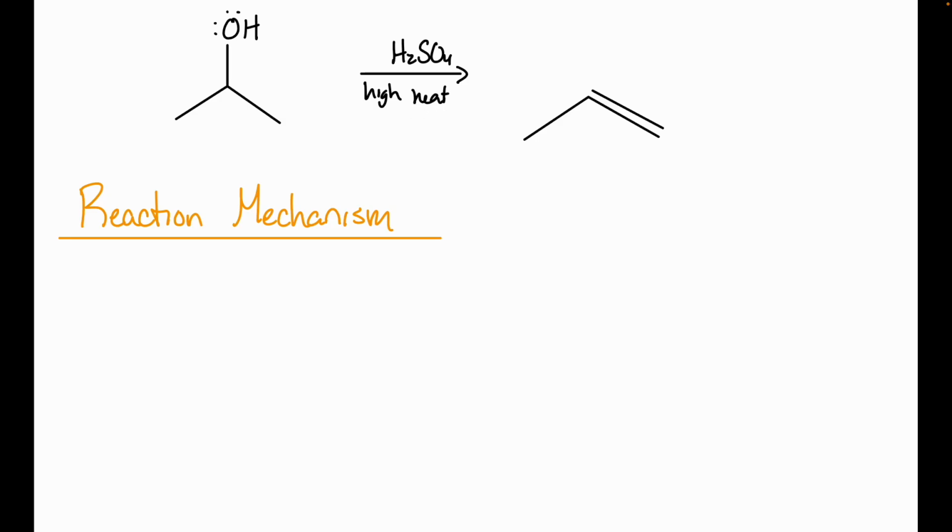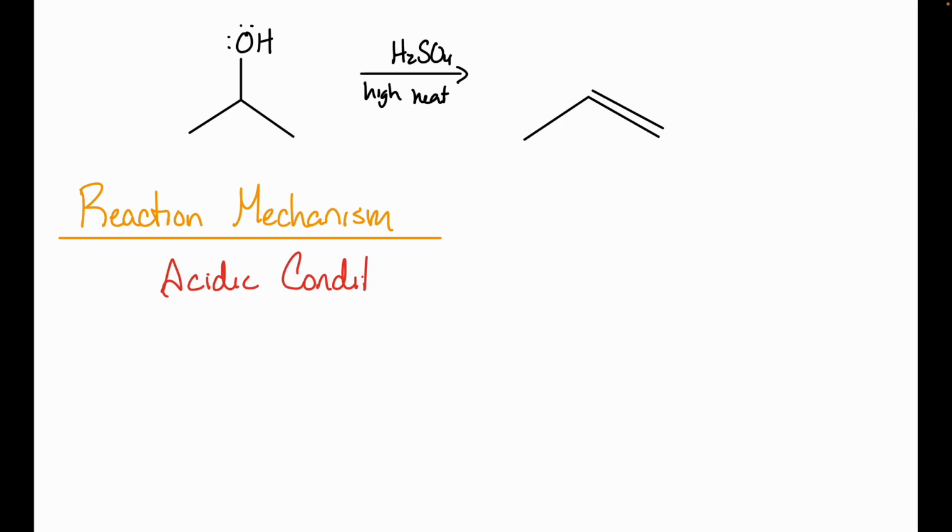Step one, figure out what our conditions are. Acidic or basic? Everybody take a second. See if you can figure this out based on our chemical equation here. Right, so what's giving it away that this is acidic conditions? The sulfuric acid. So again, we are under these acidic conditions.